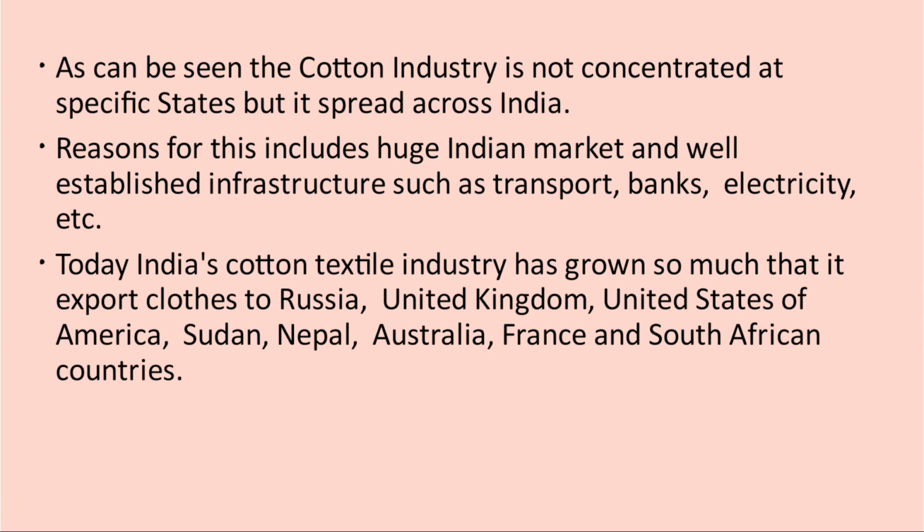Then in Tamil Nadu we have Coimbatore, Chennai and Madurai. In UP, we have seen Kanpur, Etawah, Agra, Lucknow. In MP, Indore, Gwalior, Ujjain, etc. West Bengal, Rajasthan, Punjab and Haryana also have it. So almost all the states of India have a good cotton textile industry.